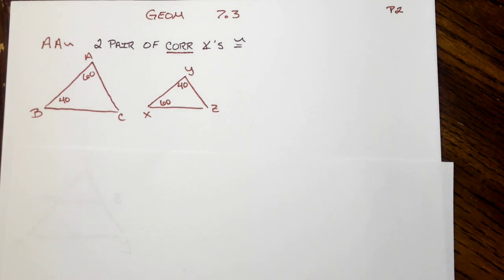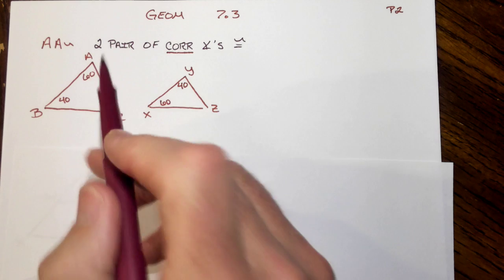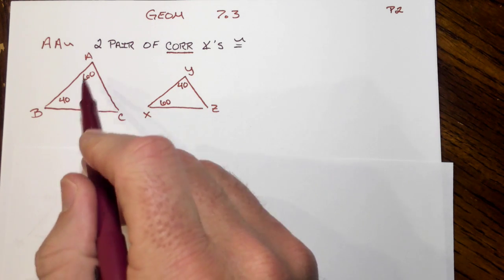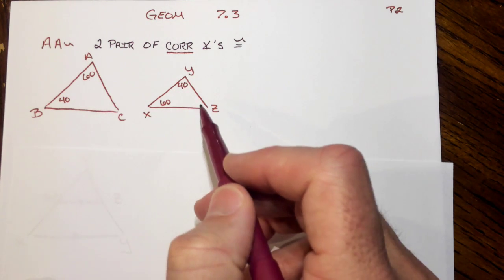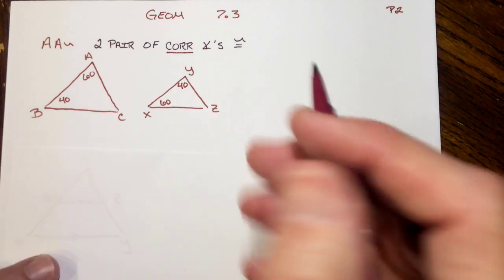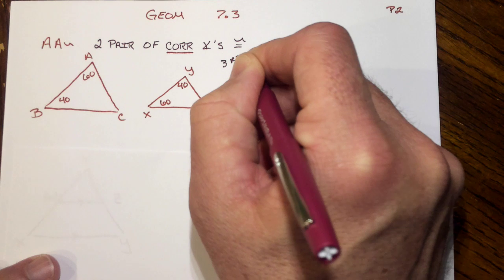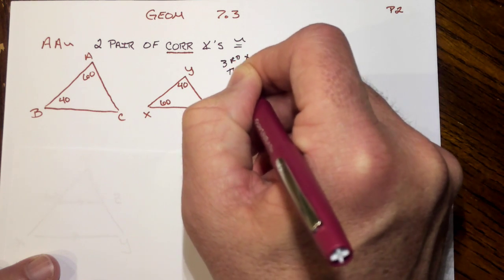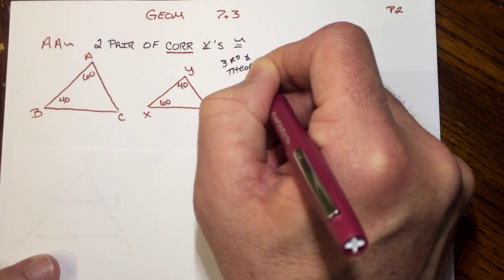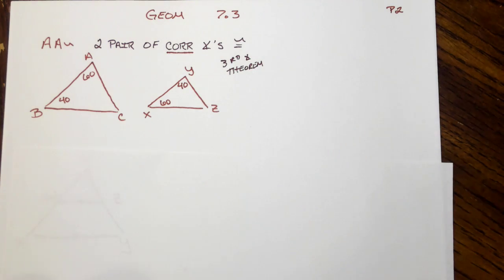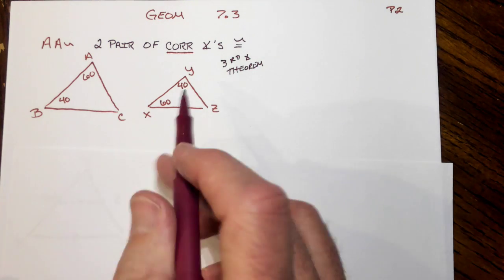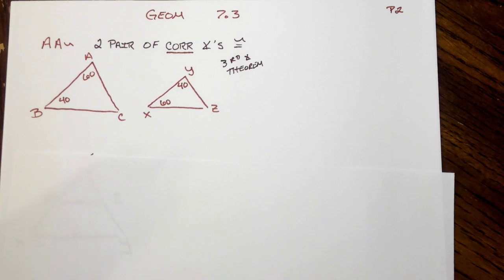Now, what else is going to be in favor here? Well, think about it. If two angles of one triangle are congruent to two angles of another, what do you know about the third angles? Right? The third angle theorem will be used, or can be used. So you can pick any pairs that you want.